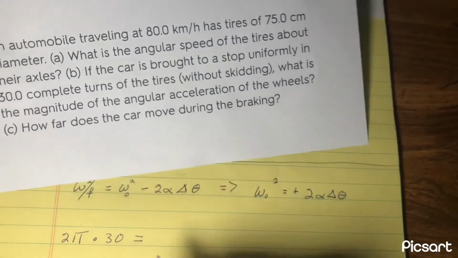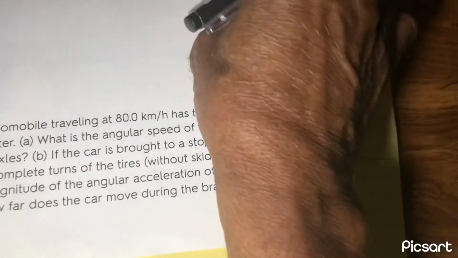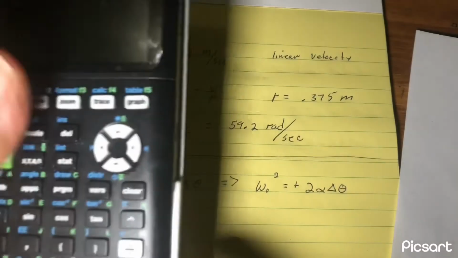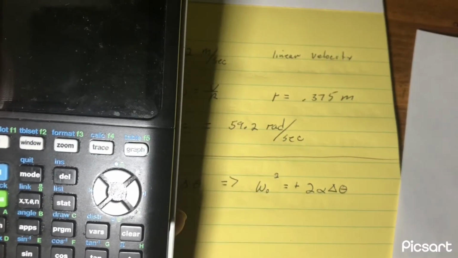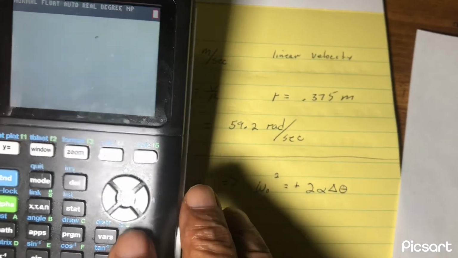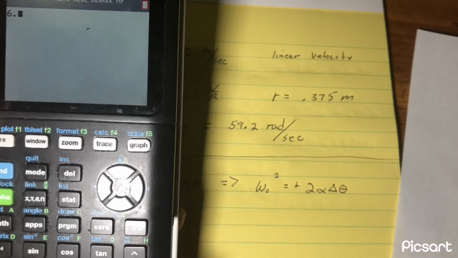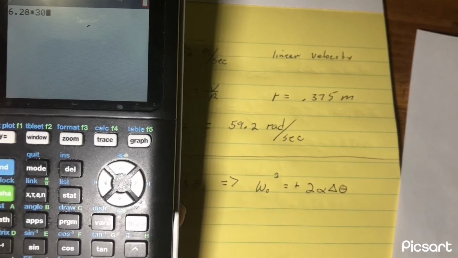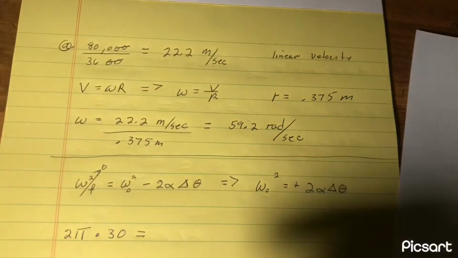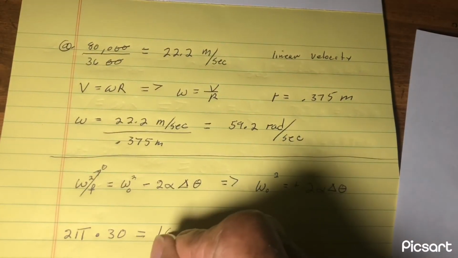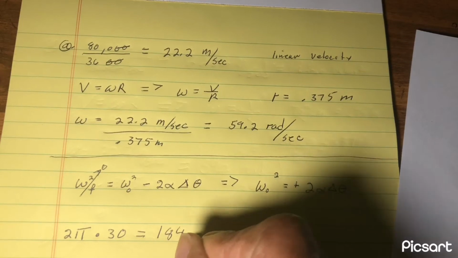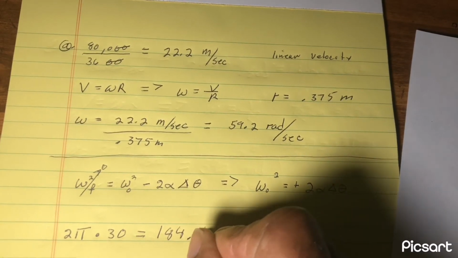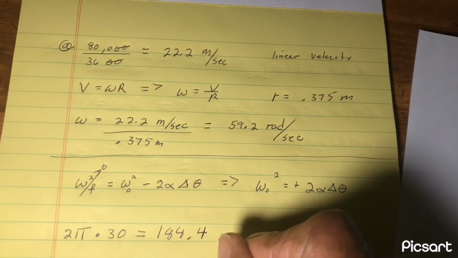So 6.28 times 30 is going to equal 188.4 rads.